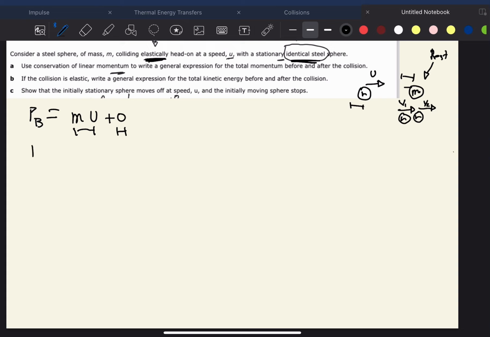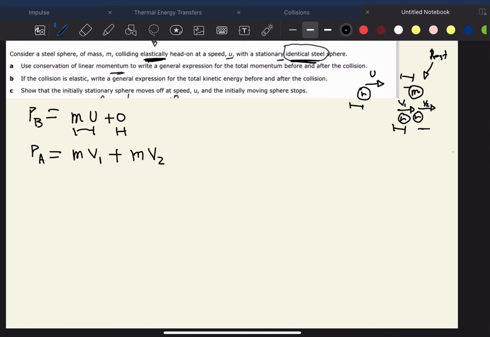And what is the momentum after the collision? The momentum of this one is its mass times its velocity, plus the mass of this one times its velocity. You see here, I have two different velocities because I don't know what will happen. One of them may stop and get to 0 or something else.